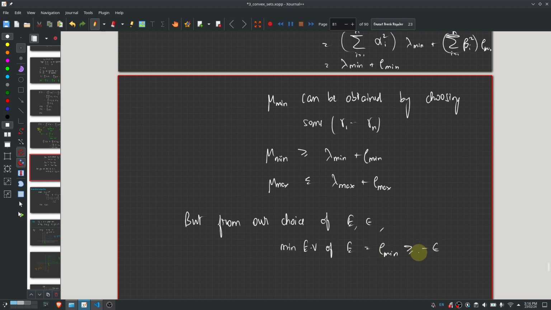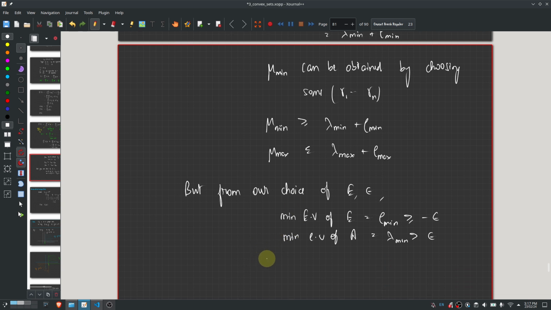The absolute value of rho min was at most epsilon, so rho min should be greater than or equal to minus epsilon, and the minimum eigenvalue of A, which was lambda min, is strictly greater than epsilon. So mu min, which is the minimum eigenvalue of A plus E, is strictly greater than epsilon minus epsilon, which is 0.